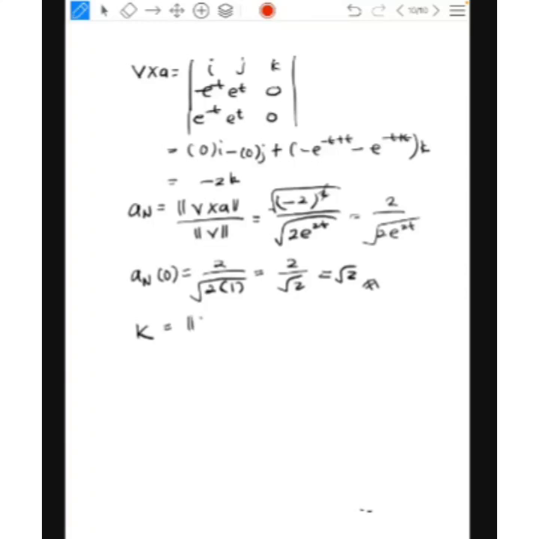Kappa is V cross A. The formulas for kappa is for V cross A over V to the power 3. So V cross A sudah ada, which is 2. V is 2 times 1 square root, but now the power of 3.